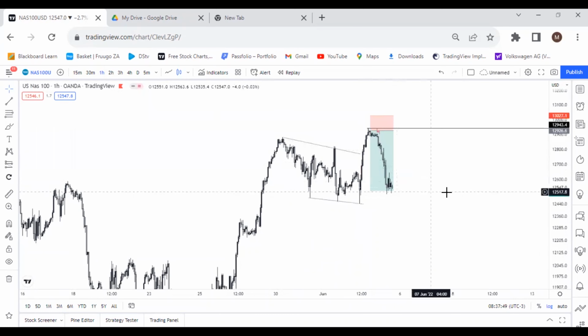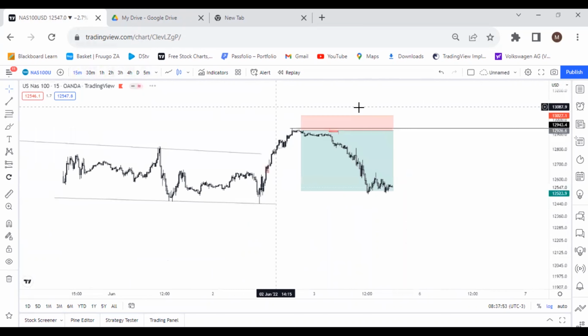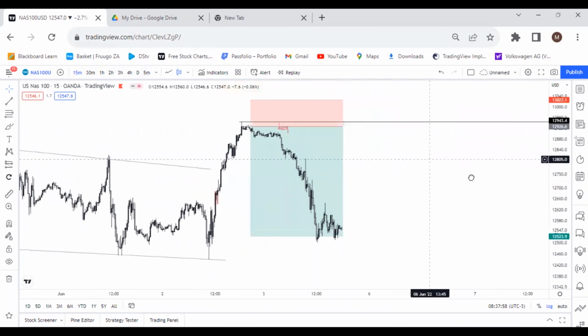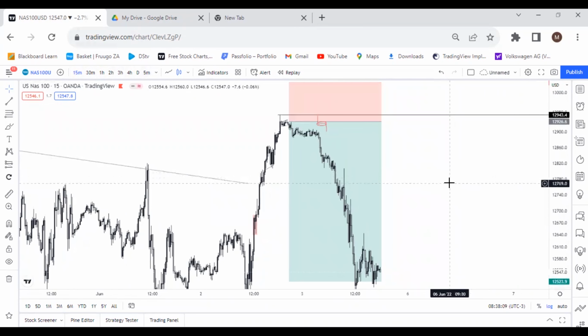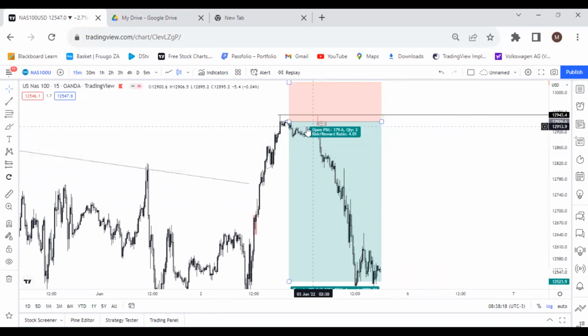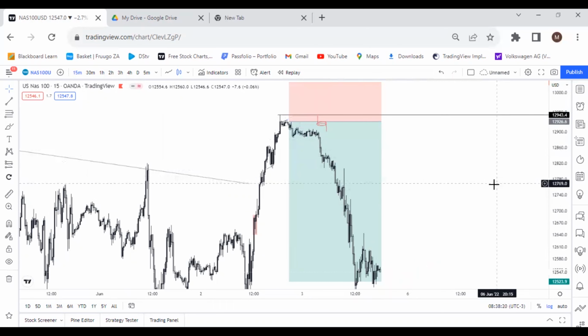Unfortunately, I didn't hold this much, but that just shows you how important corrections are, because a correction is basically the first entry of the whole trend. So once you get the correction and you enter within the correction, you are better off, because now it means you caught it at the right time.